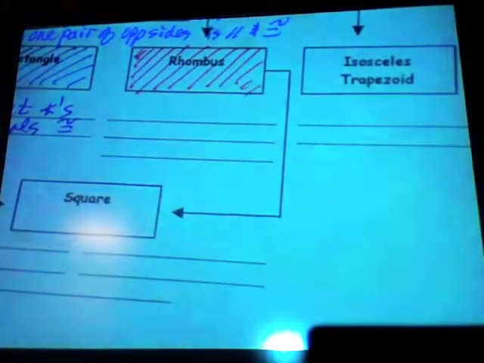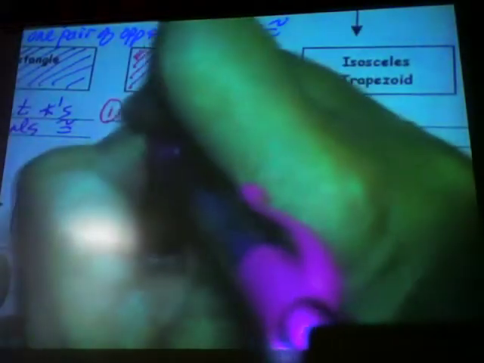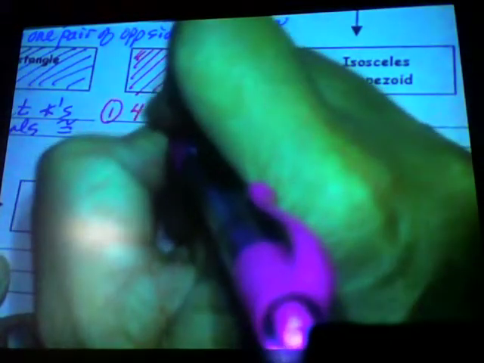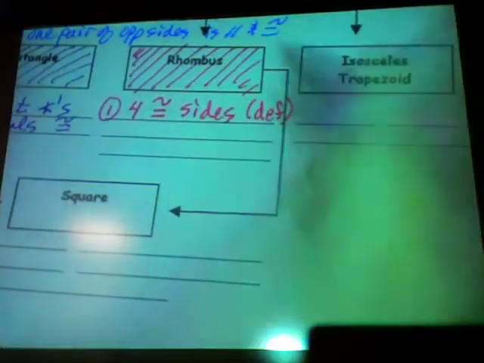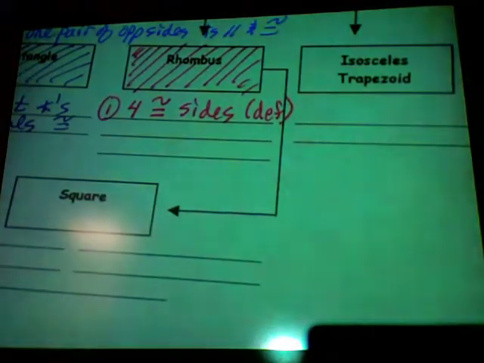Okay. Well, before that, what was the definition? Yeah, you have 4 congruent sides, right? So, number 1, you have 4 congruent sides. That's technically your definition, but it's still a characteristic of that.